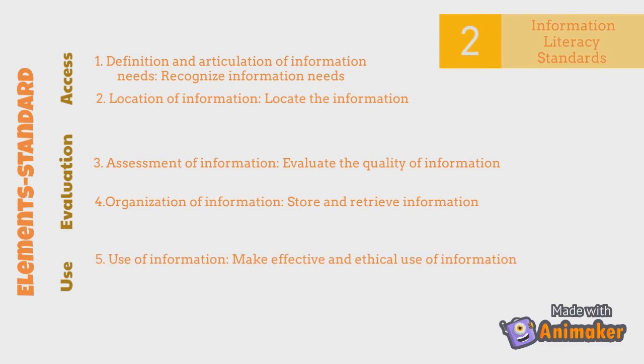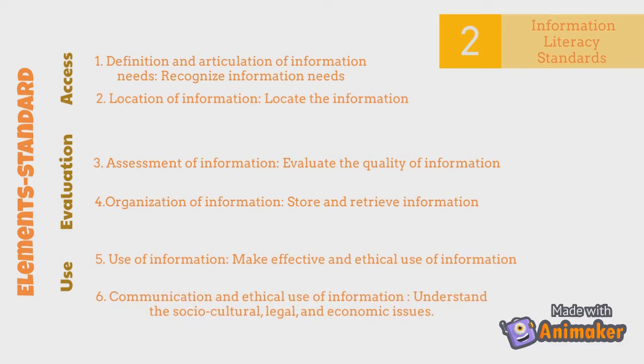They have to be able to make effective and ethical use of the information. And the last one, communication and ethical use of information. The information literate person has to understand the socio-cultural background, legal and economic issues of the people they are communicating to.